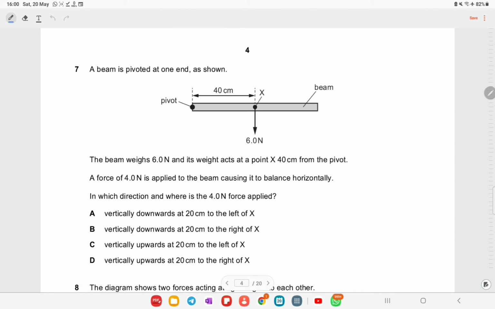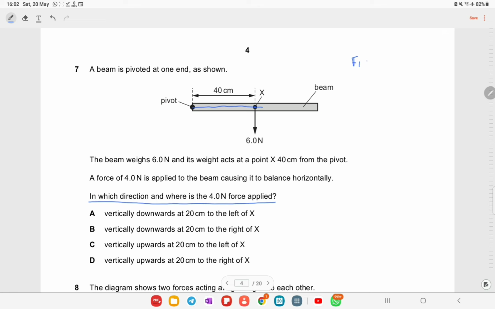Okay, now let's start off with the other question. A beam is pivoted at one end as shown. The beam weighs 6 newtons. At the end of the beam, a force of 4 newtons is applied. In which direction is the force applied? So it's going to be like this.